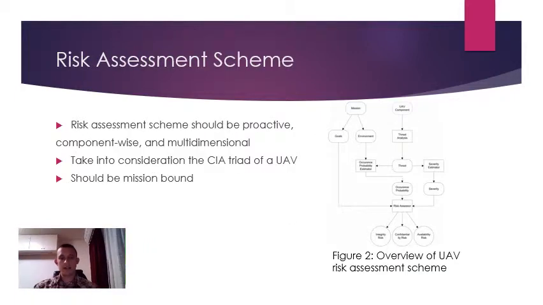Taking into consideration all of the information we've seen up until this point, this paper offers up the proactive risk assessment scheme as a competent strategy for figuring out the risk to any part of a UAV on a given mission. This particular scheme is based highly on the components of a UAV and the risk involved with those particular systems.